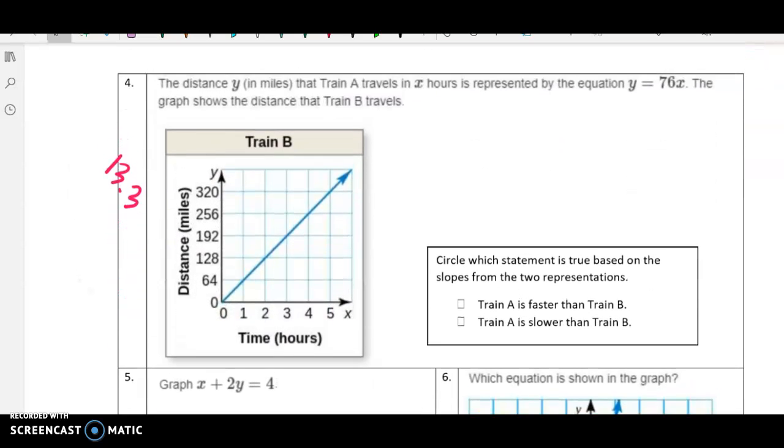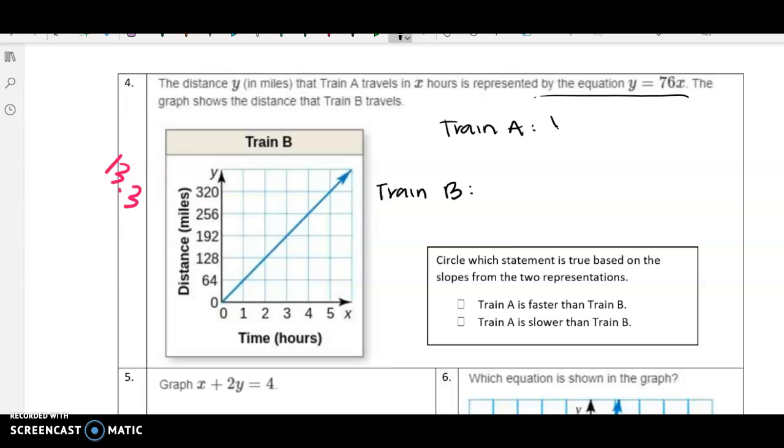All right, number 4. So for number 4, it gives us 2 different representations. One's an equation, and this is our train A. And then our train B is a graph.